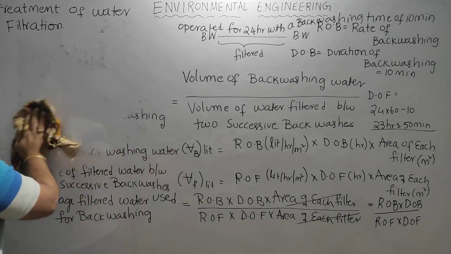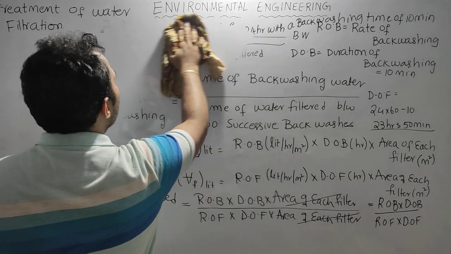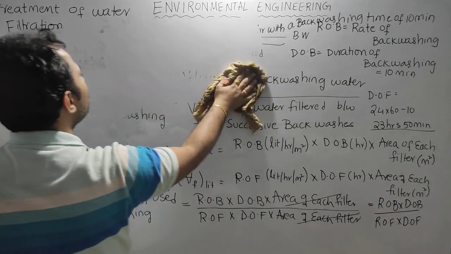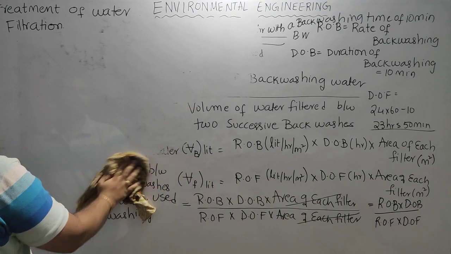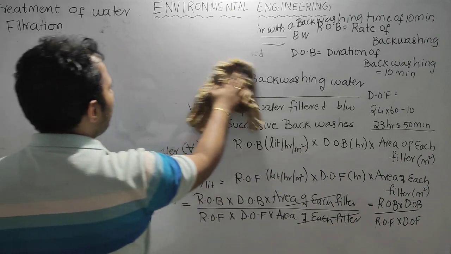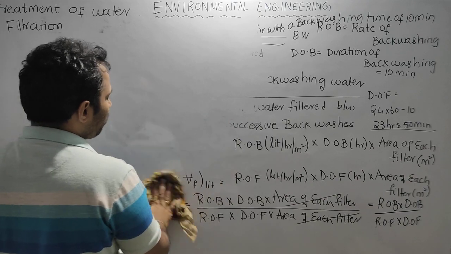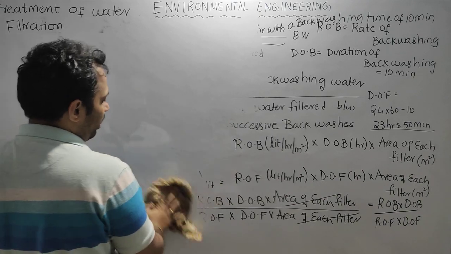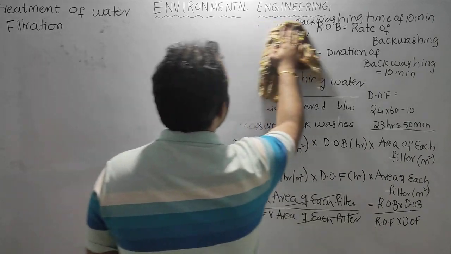There will be two medias. One may be sand, another may be anthracite coal. One may be sand, another may be garnet. One may be anthracite coal, one may be garnet. There are different combinations, but in each combination we use two types of filter media at a time. Then it is called a dual media filter.